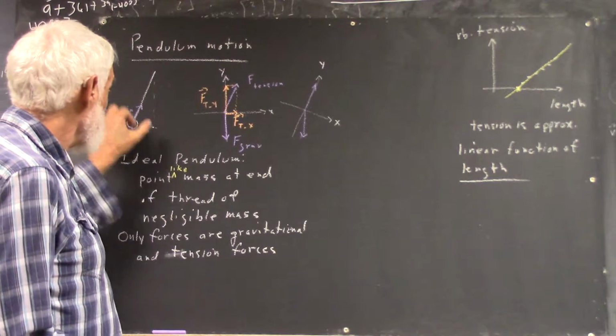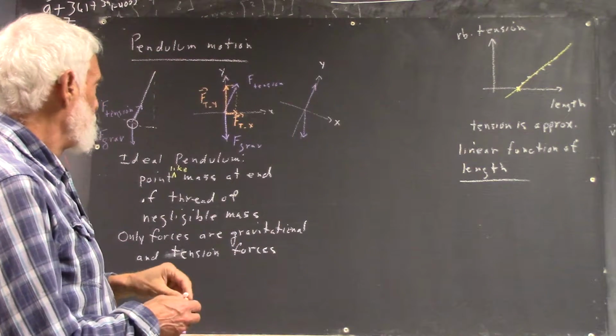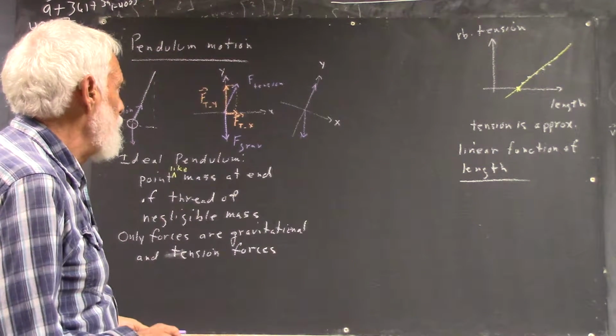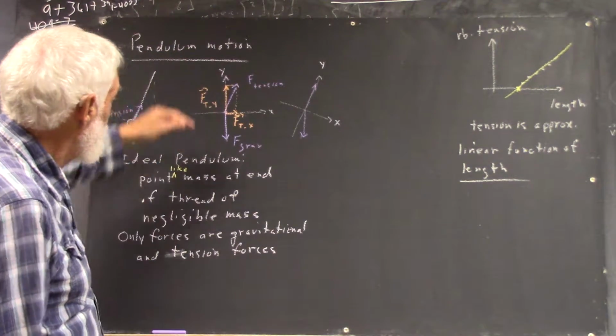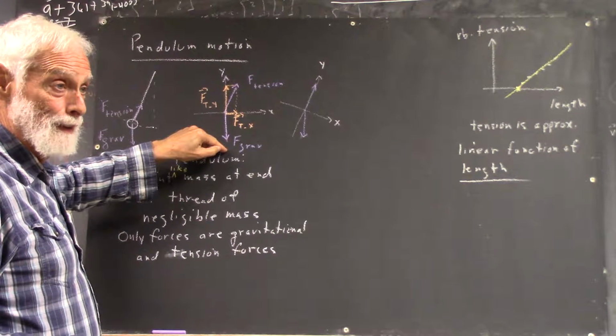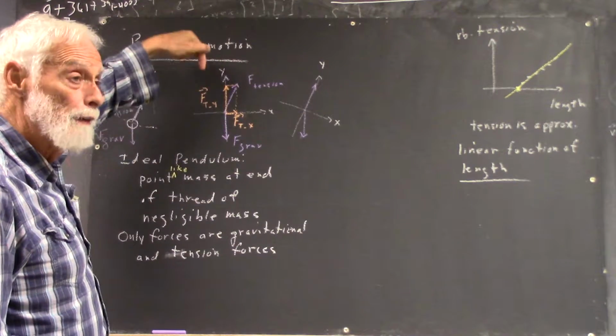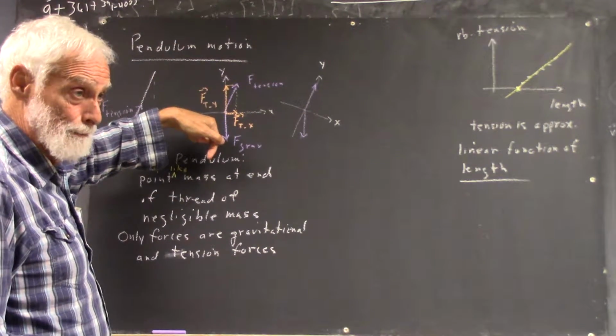And to the extent this is small compared to this, that's true. It follows that this has to be equal and opposite to this. Because if you had a net force in this direction, you would have an acceleration in this direction.